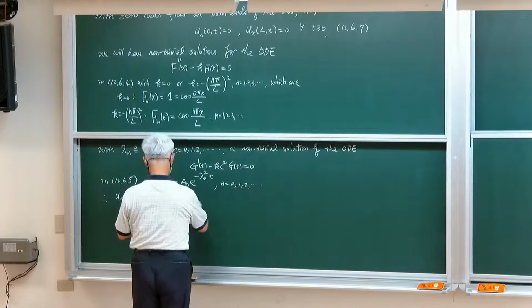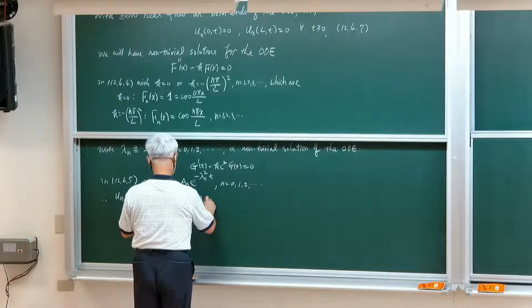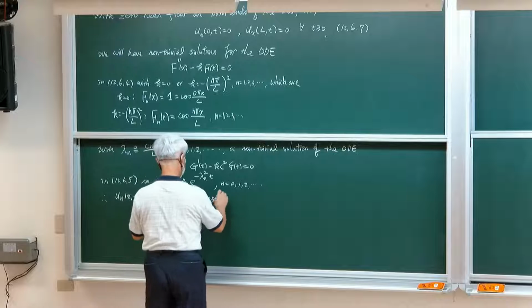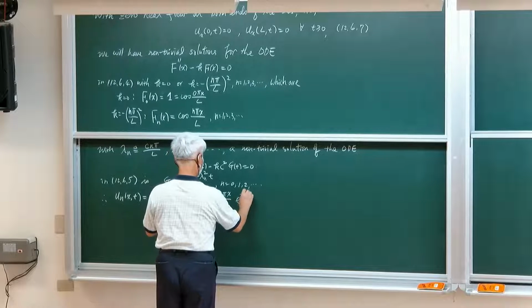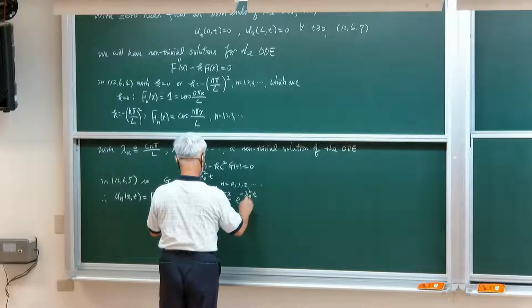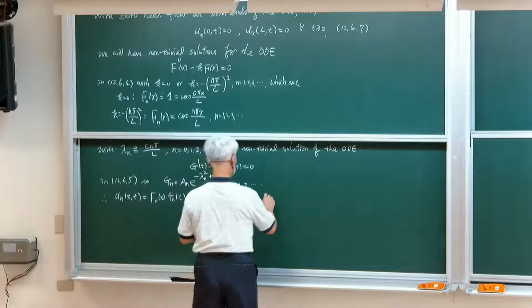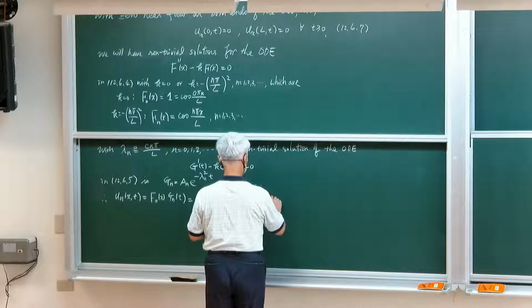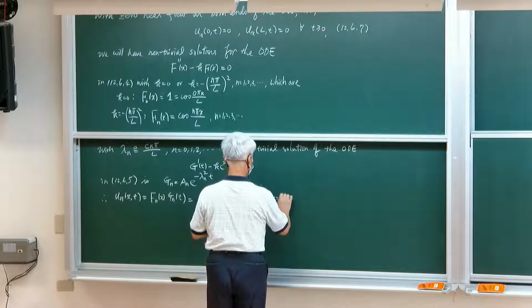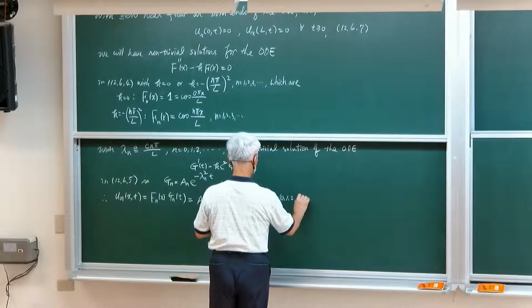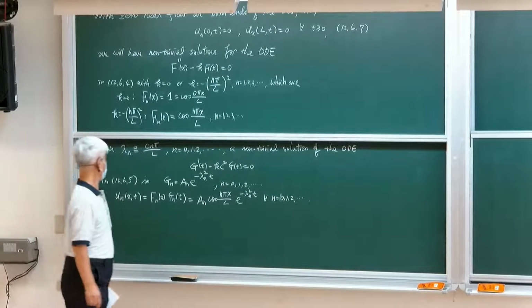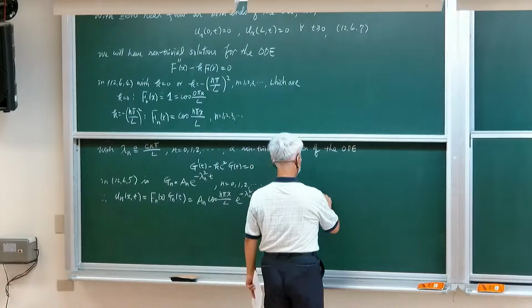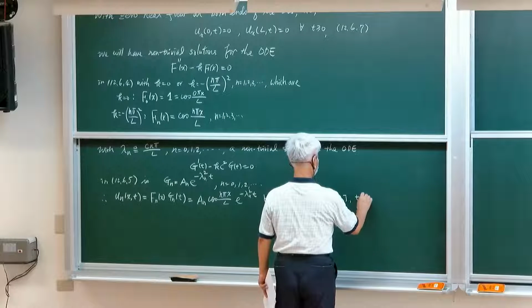So this becomes an cosine of n pi x divided by L times e to the minus lambda n squared t, for all n equal to 0, 1, 2, etc., where x is in 0 to L, and t is greater than or equal to 0.